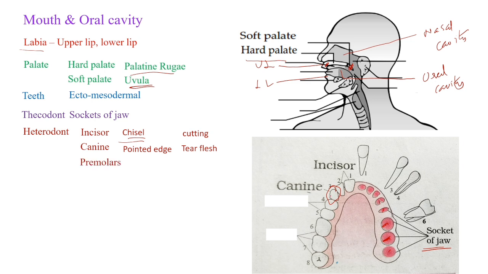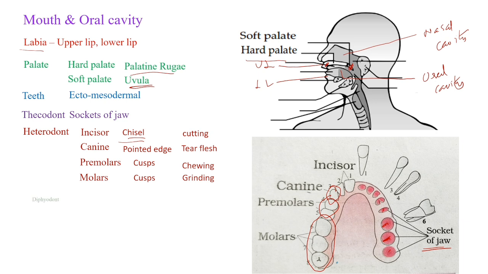Premolars have ridges and furrows called cusps and are useful for chewing. The last three, the molars, also have 3 to 4 cusp-like structures and are useful for grinding.